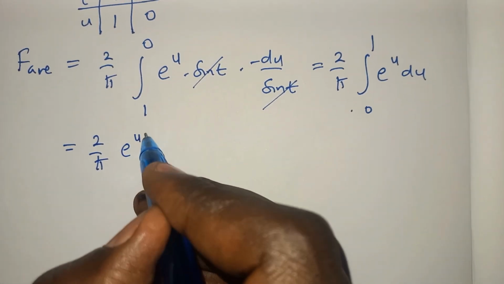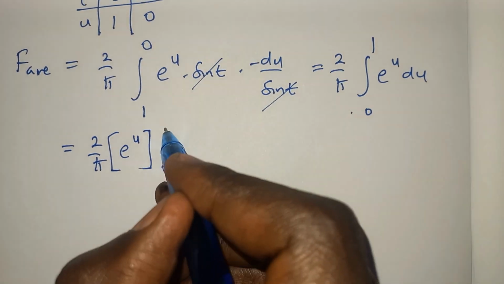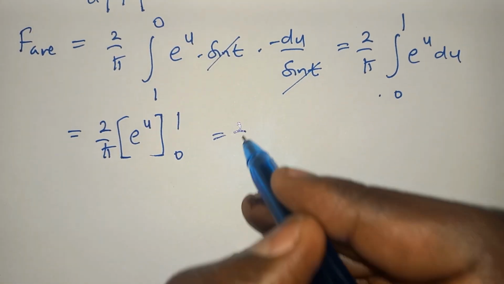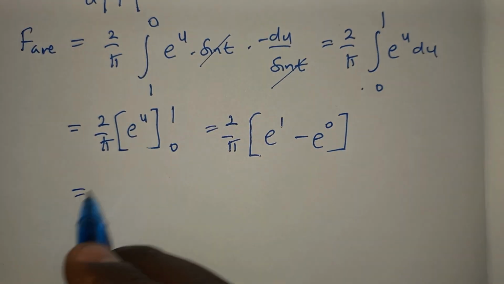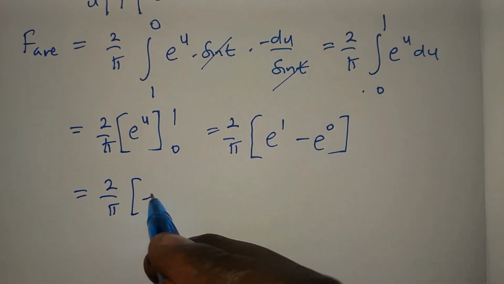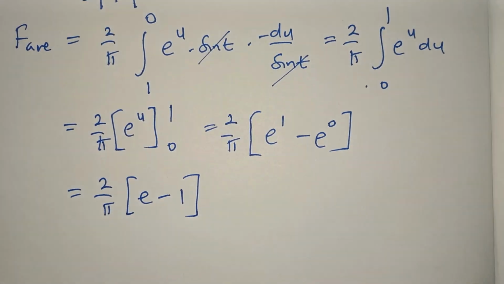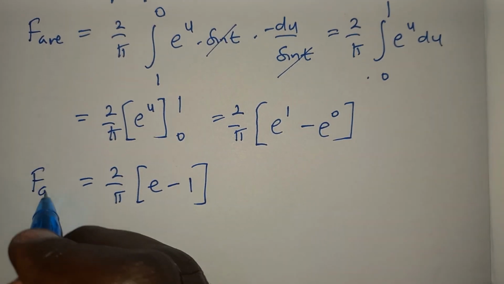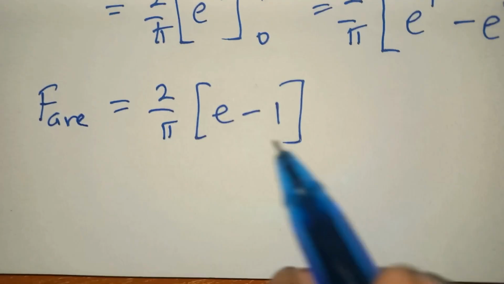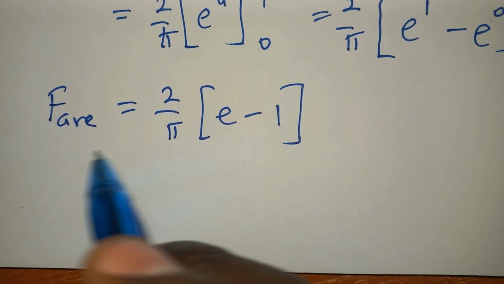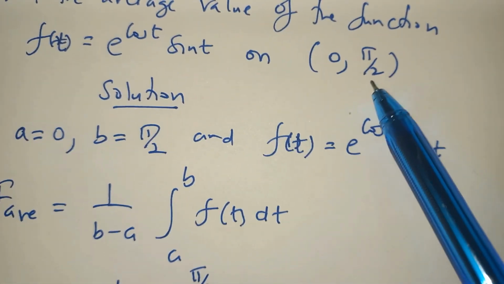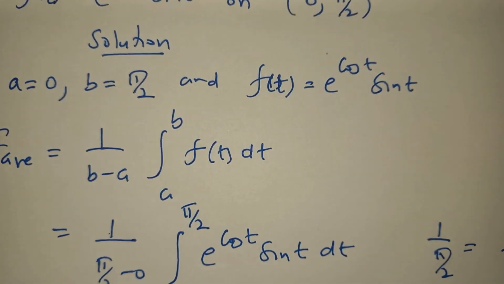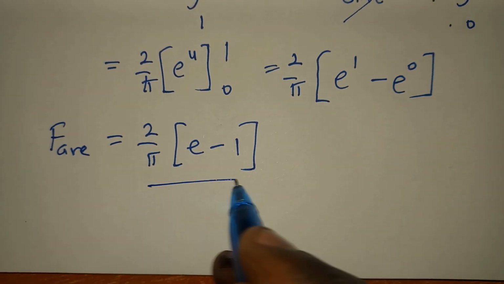So we'll have e^u, and the limits are from 0 to 1, which is the same as 2 over pi (e^1 minus e^0), which is simply 2 over pi (e minus 1), since e^0 is 1. And that gives you the average value of the function f of t is equal to e^(cos t) sin t on the interval 0 to pi over 2.